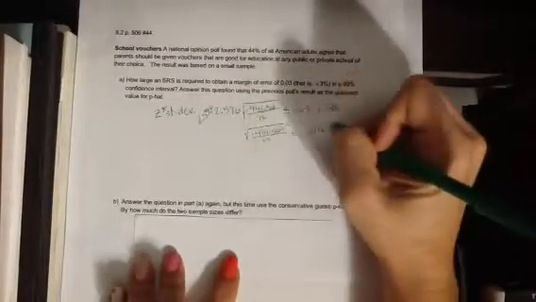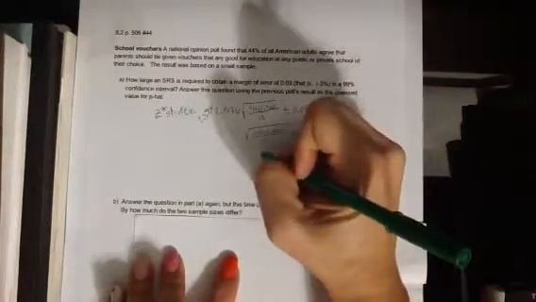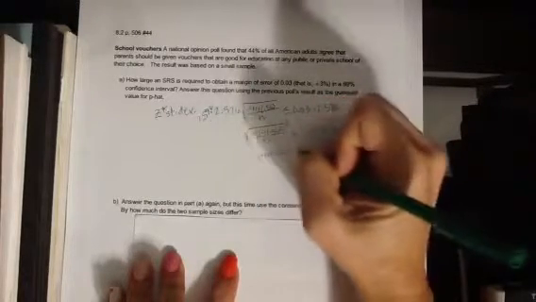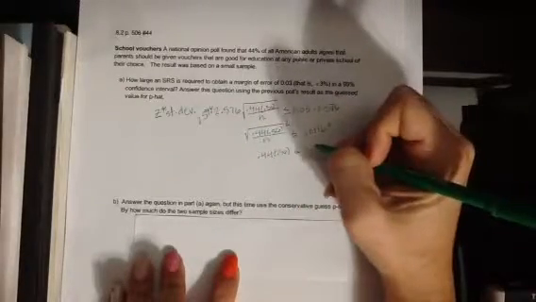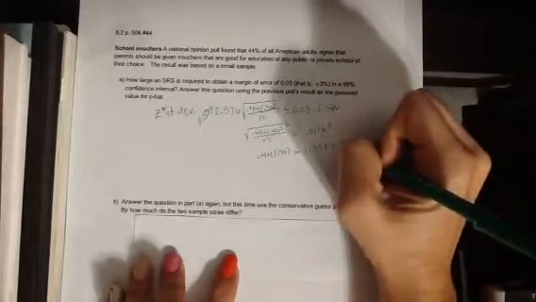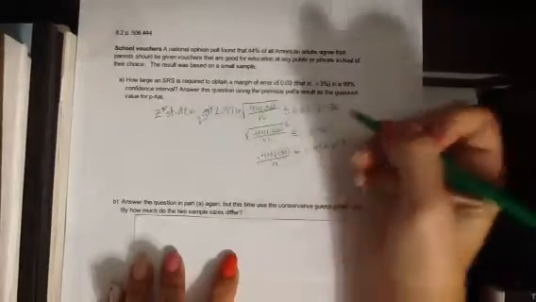Then I would square both sides, and that gives me 0.44 times 0.56 needs to be less than or equal to, which takes me into scientific notation, 1.356 e to the negative 4. Sorry, that was over n.